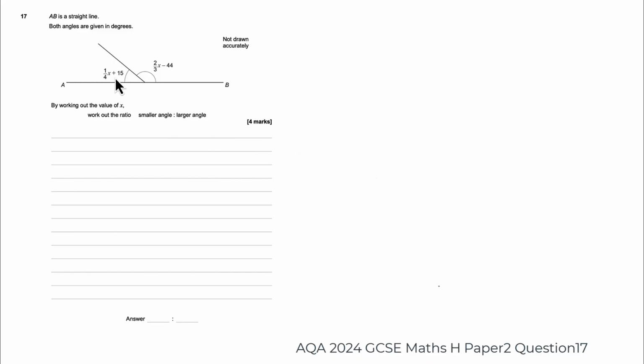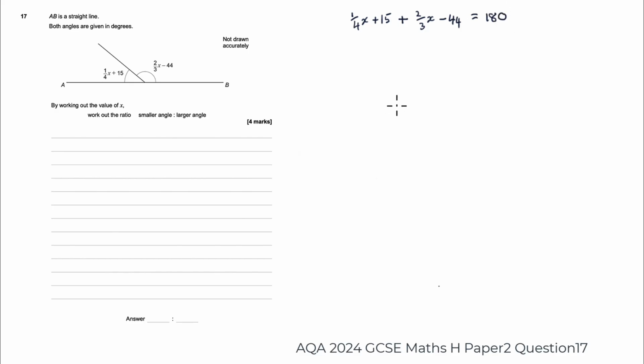You can see the smaller angle is this quarter x plus 15. Anyway, the main fact is that 1/4 x plus 15, that smaller angle, if we add it to the larger angle, that's 2/3 x minus 44, then we get 180.